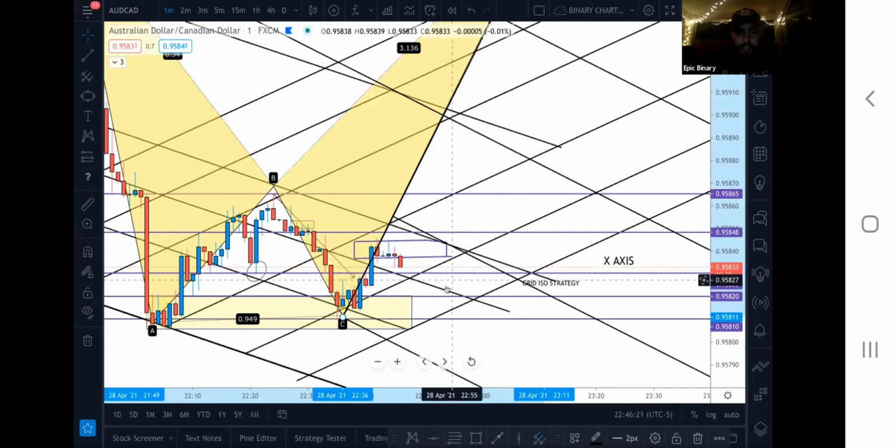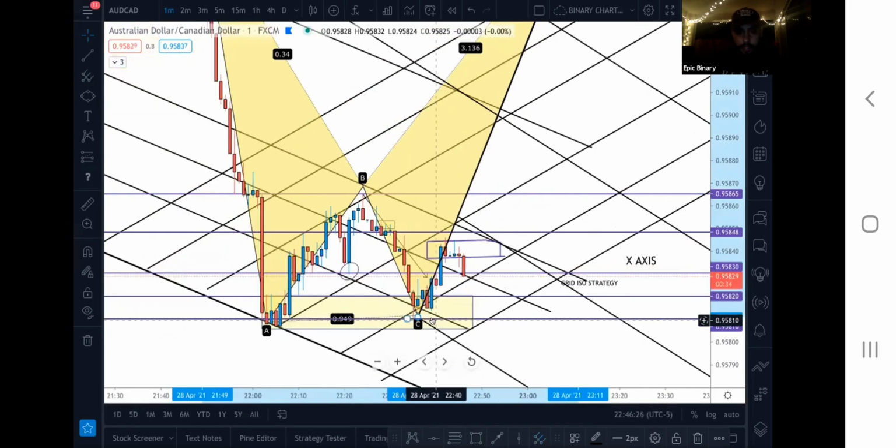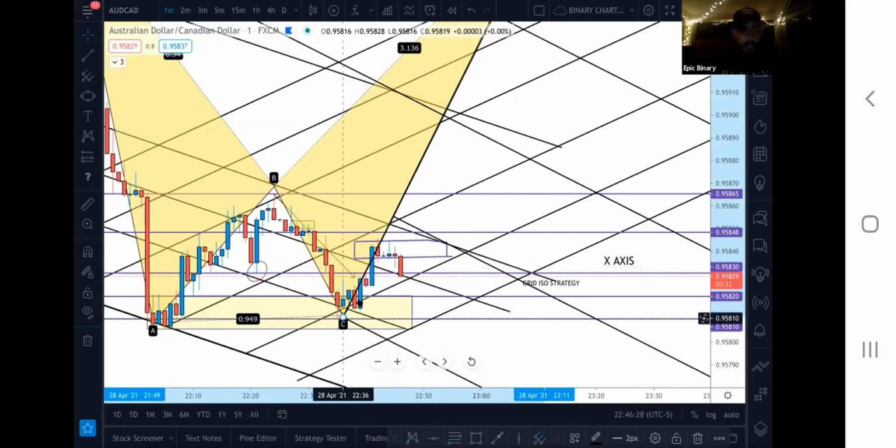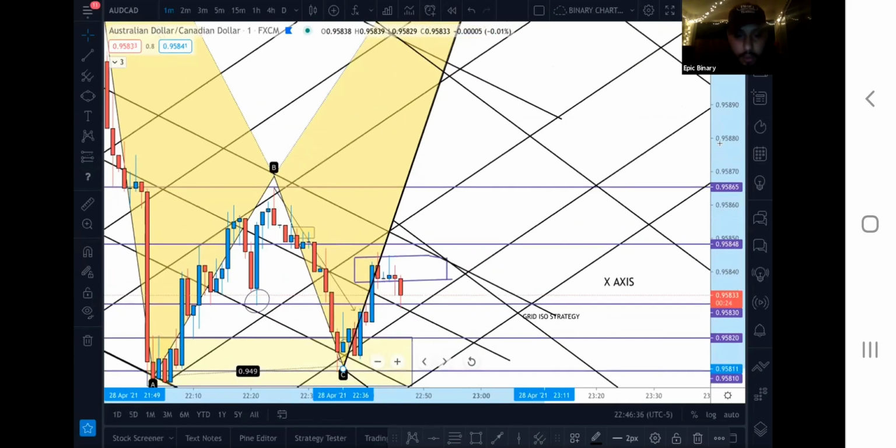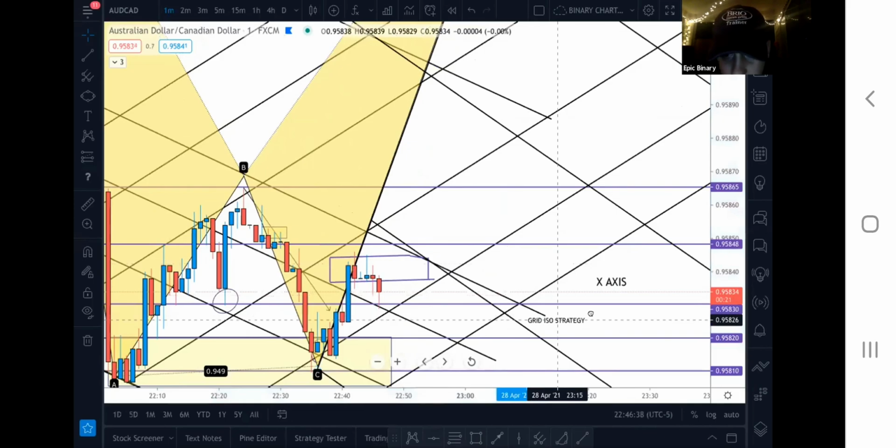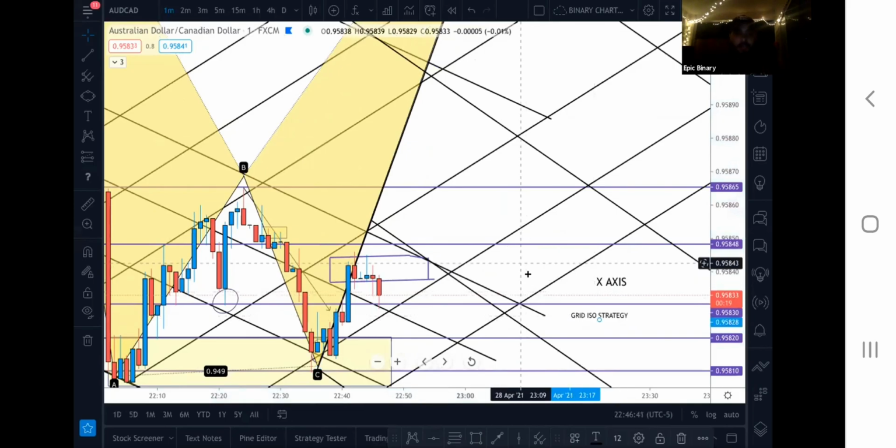Now we have consolidation zones, intersecting zones within our grid. We know price is going to come to our lower lows, to our higher highs off of the harmonic scan. Yep, retest off the bottom of the box. I mean, yo, this is sauce. You can literally trade the whole thing. You just have to sit and watch it.